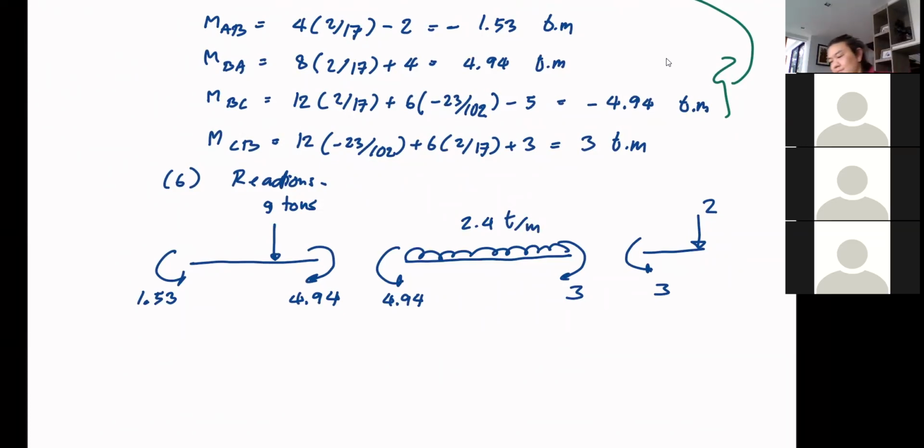See, for example, let's take the one in the middle. If I look at the uniform load alone, this is 5 meters. So I know that my reaction to the load is basically WL over 2.